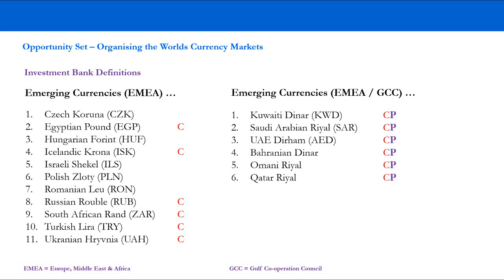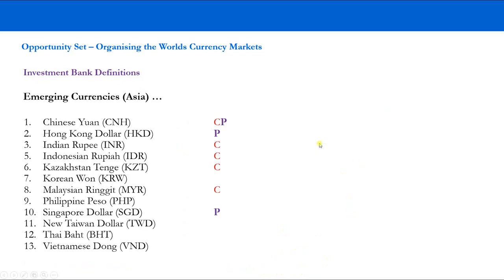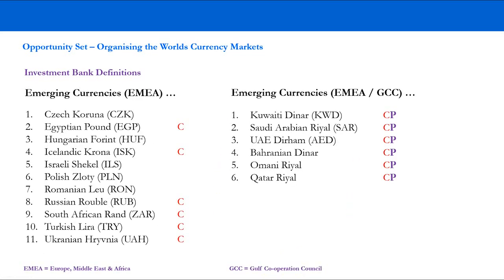Emerging currencies, typically within investment bank and retail broker definitions, are split up into EMEA, so Europe, Middle East, and Africa, Gulf, so Gulf Cooperation Council, GCC, and also on the next page, Asia. And what you see here is that we've marked up again a bunch of these currencies with a letter C because they're dependent very heavily on just one or two commodity prices.